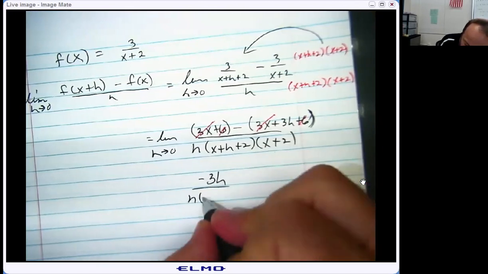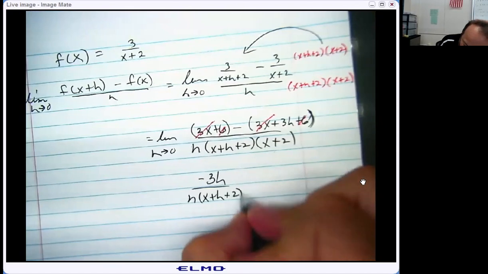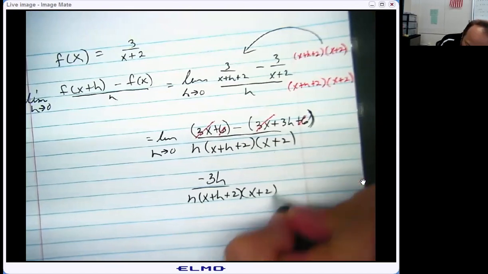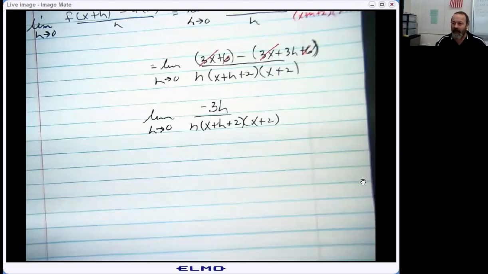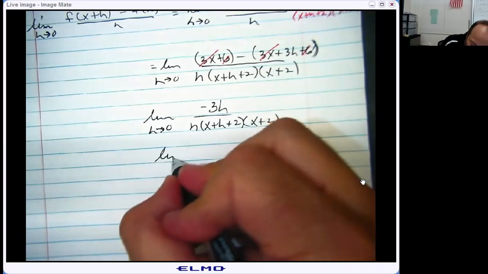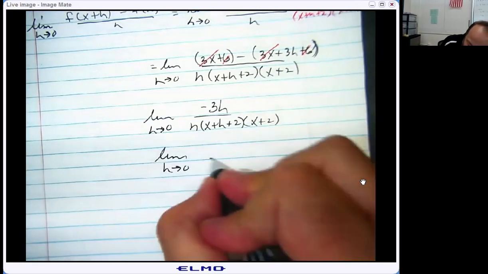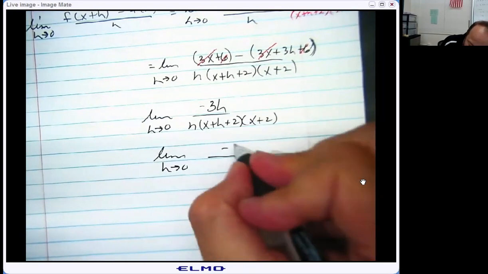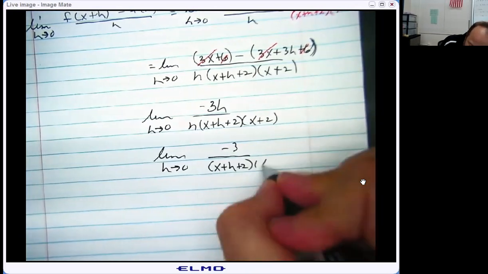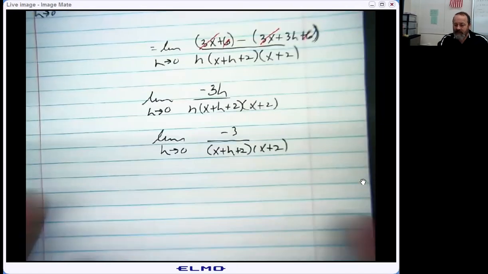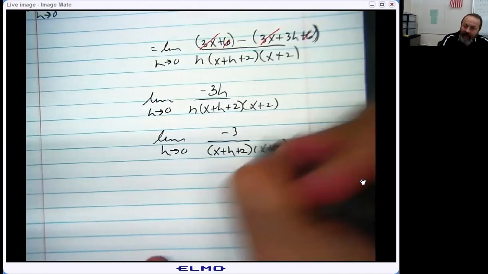And I have this h, the x plus h plus 2, and the x plus 2 in the bottom. Don't forget, there's still a limit as h goes to 0 because I haven't applied that yet. So in the final story, I now have the limit as h goes to 0. The h's would cancel, and I have x plus h plus 2 times x plus 2. Now, this right here is technically the AROC answer.